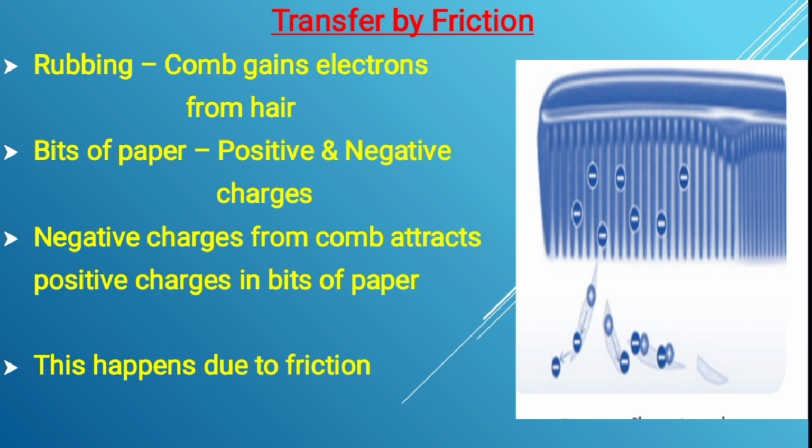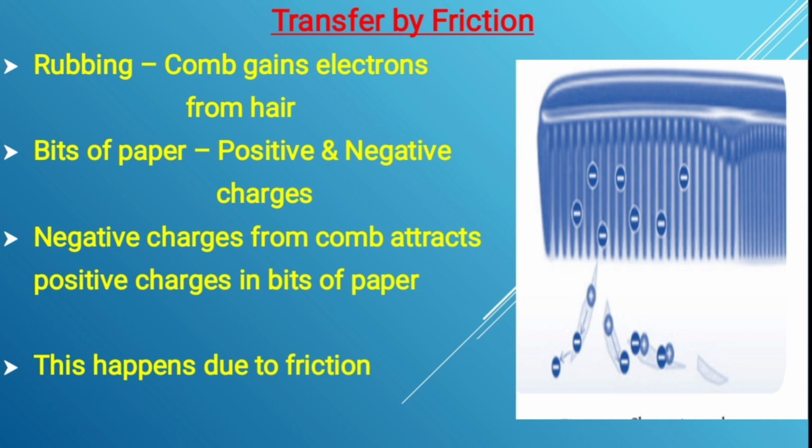Let us take a comb and rub it with your hair so that the comb gains electrons from your hair. In the same way, we are going to take bits of paper that contain both positive and negative charges. Now you can bring the rubbed comb near the bits of paper. You can observe what is happening.